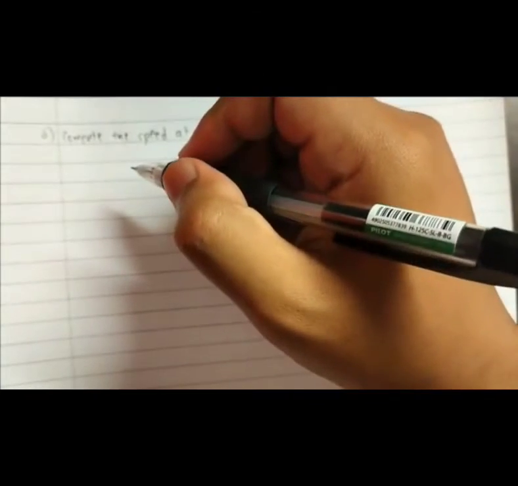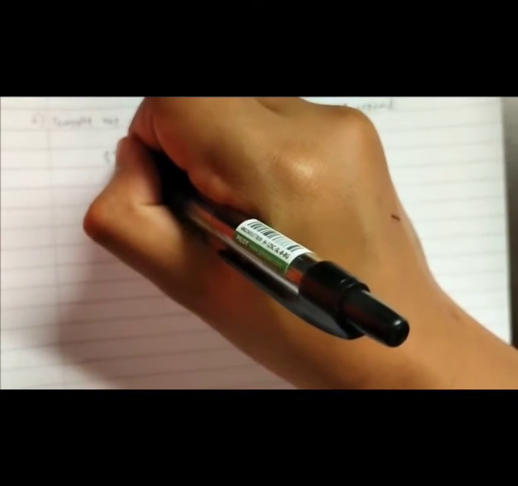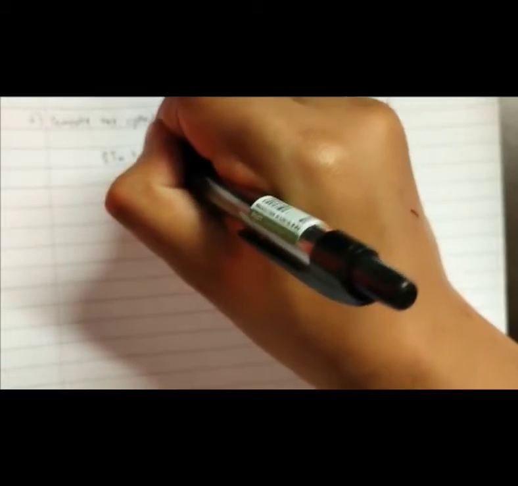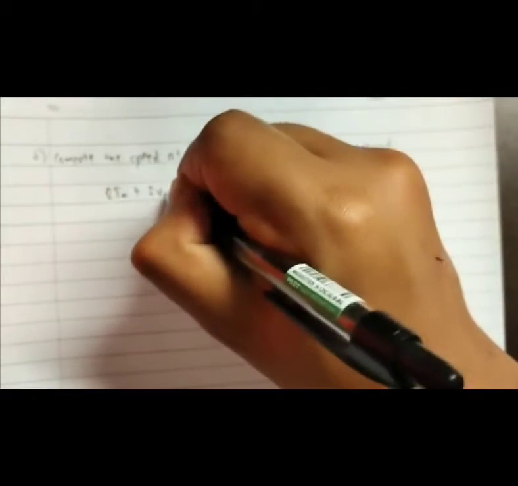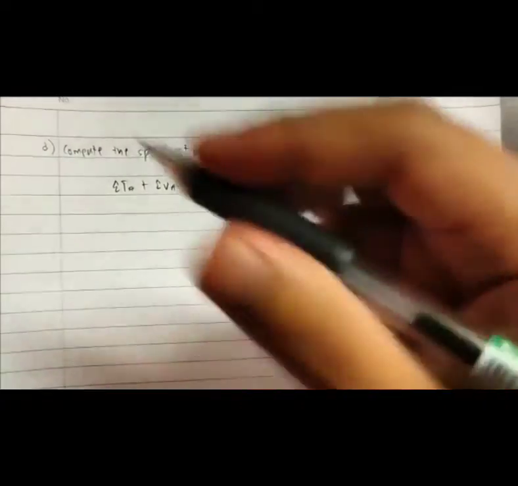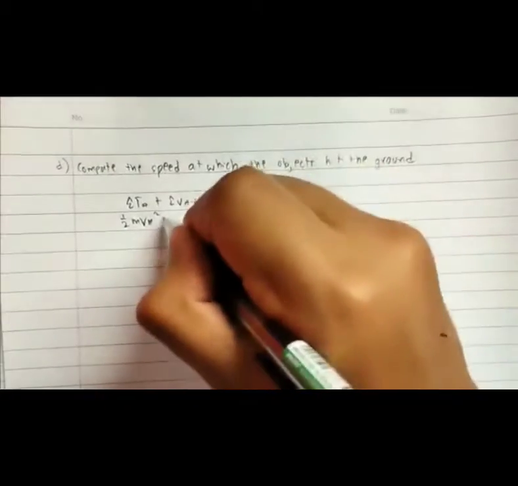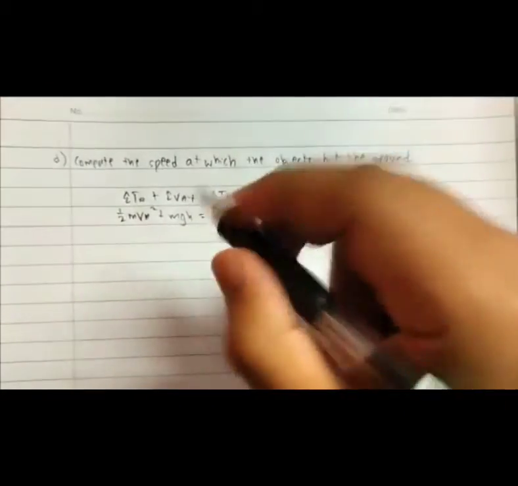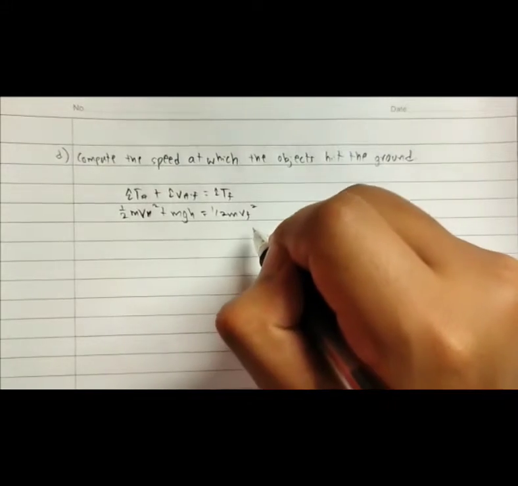We take the equation from B: the kinetic energy TA plus the summation of U from A to final, when the ball hits the ground, equals the kinetic energy at final, TF. So we know that half m VA squared plus mgh equals half m v final squared, where v final is the speed when the ball hits the ground.